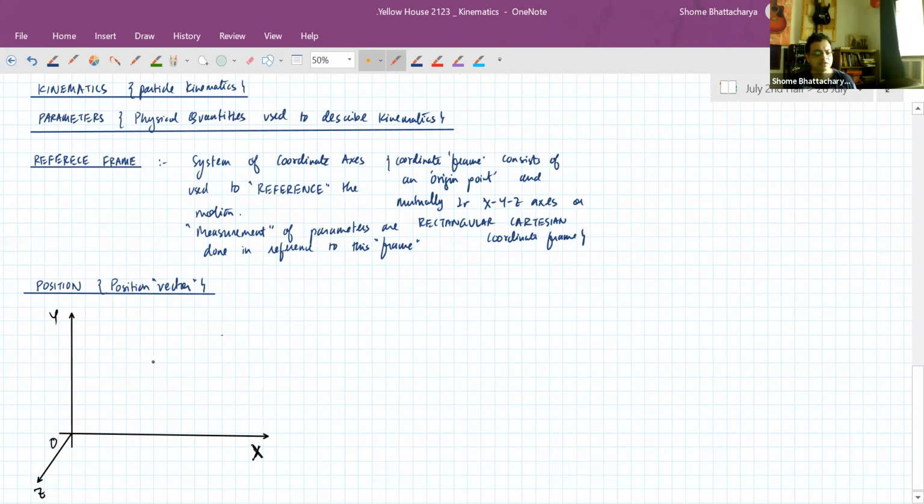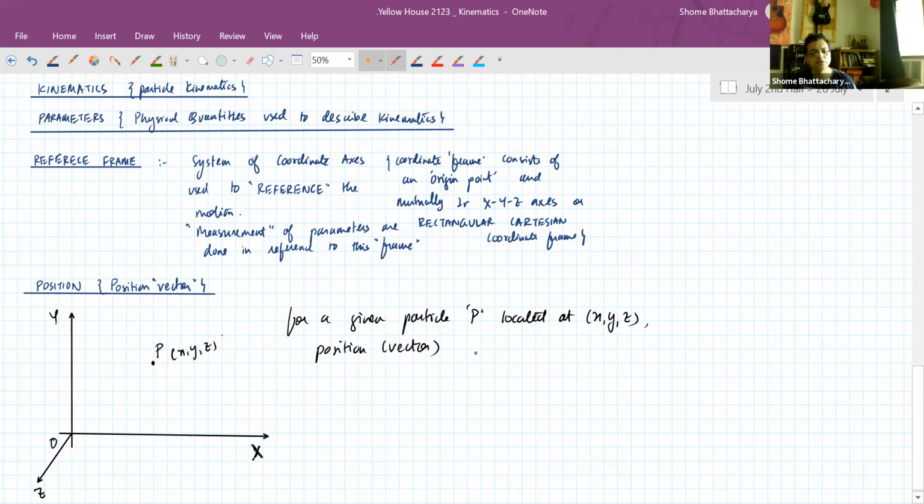Now, if I have a particle which is at this point P, located at some point, let's say x, y, z, with respect to that reference frame, the position vector, and from now on when we use the term position, by default we mean position vector, is given by the symbol r.